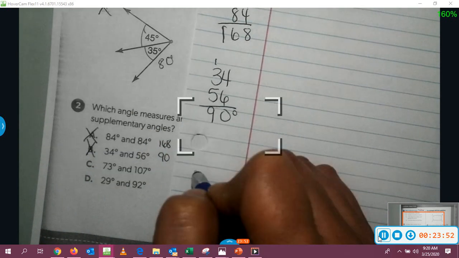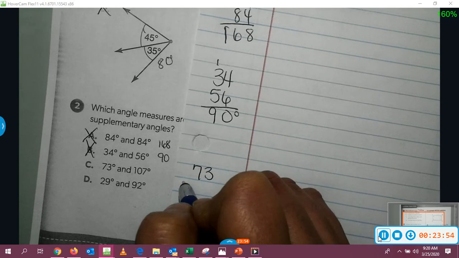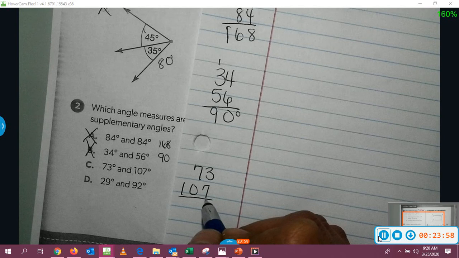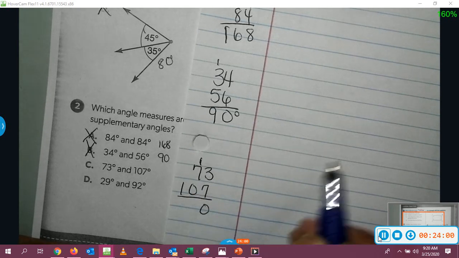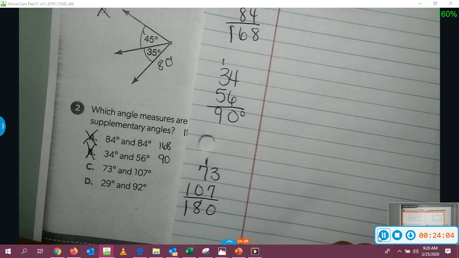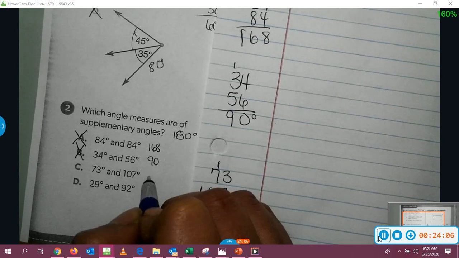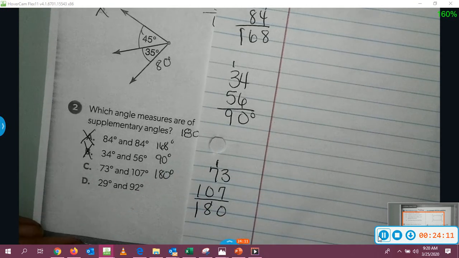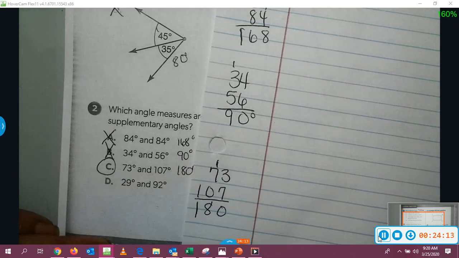Here we go. 73 plus 107. 7 plus 1, and you bring down the 1. 73 plus 107 is 180. So we see that this is our answer.